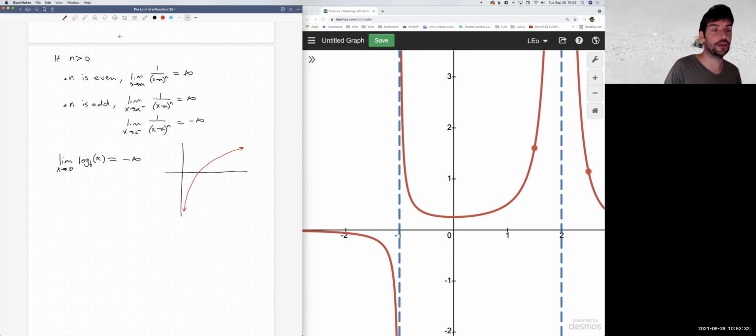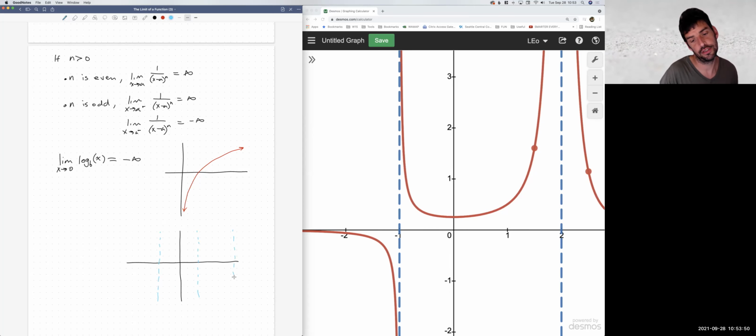We also have some trig functions. For example, let's put in some asymptotes for tangent.